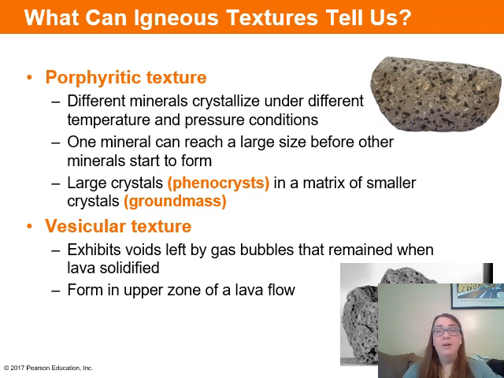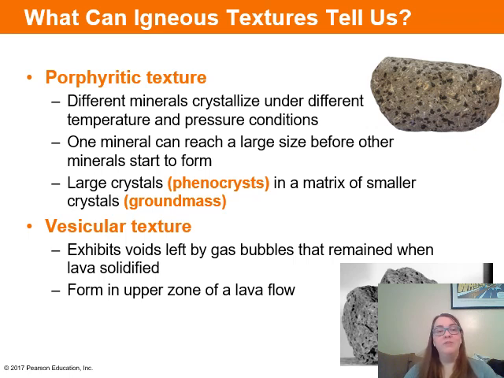So if you've ever gotten a pedicure, you're going to have your foot scrubbed with a very vesicular rock called pumice. If you've ever held pumice, it's incredibly lightweight because it's mostly air that's been trapped inside of this lava before it cools down.